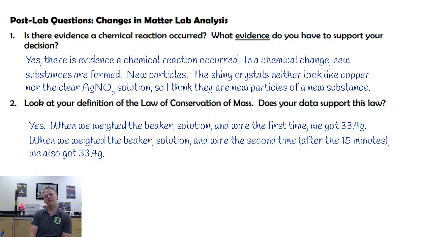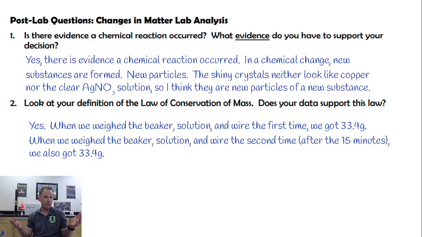Look at your definition of the law of conservation of mass. Does your data support this law? Hopefully it does. The law of conservation of mass says that you always have the same amount of stuff at the end as you had at the beginning. Did you have the same amount of stuff at the end as you did at the beginning?